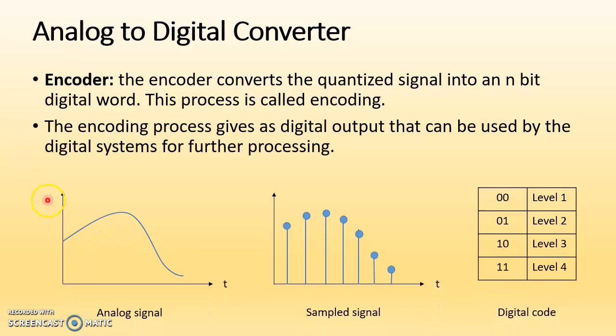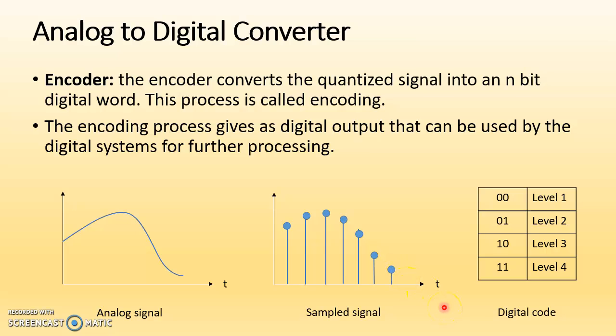If we see the full process diagrammatically, this is the analog signal, in terms of a curve with various levels. Then after the sampling circuit, it will generate a sampled signal, which has different values for the samples.